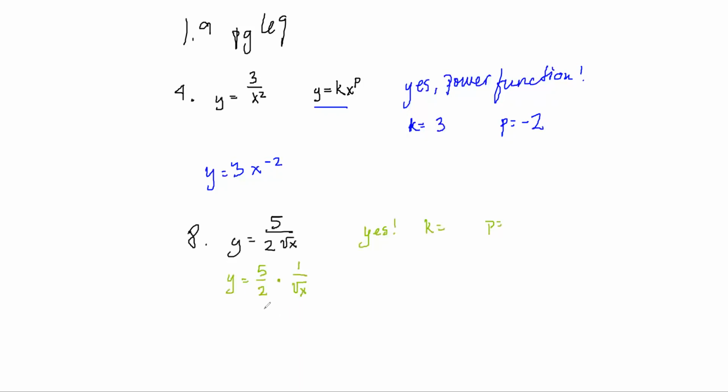This is putting it in a form more similar to the power function, in that k is actually going to be equal to 5.2. And so that leaves us with figuring out what p is. Anybody have a guess at p? -1/2, exactly. You got it.